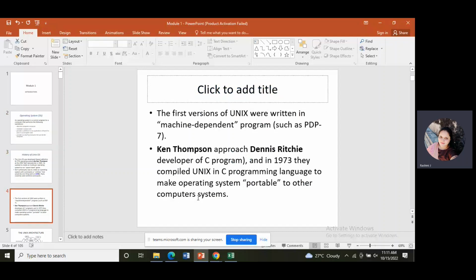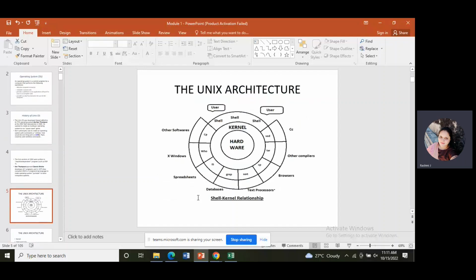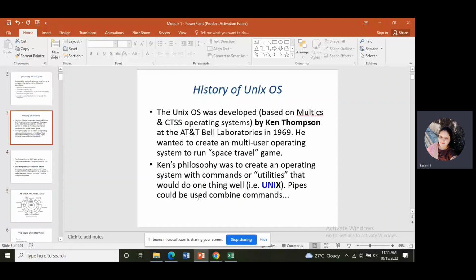Unix has every feature of an operating system, but there are certain features where the user must use commands, so Unix is rarely used.